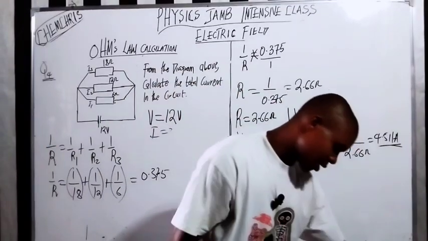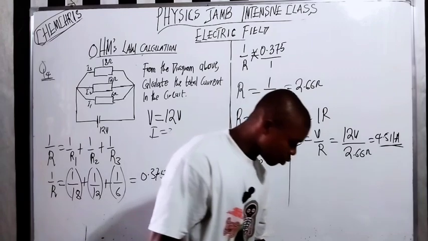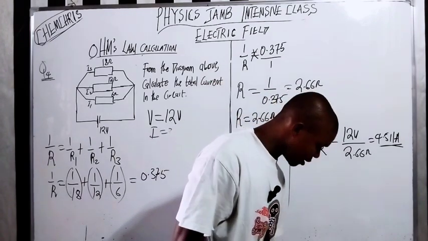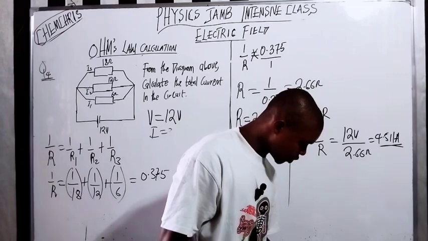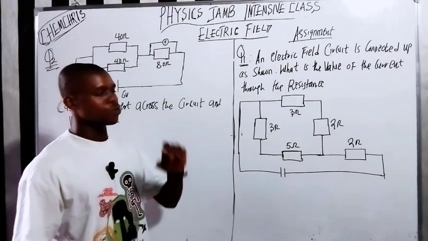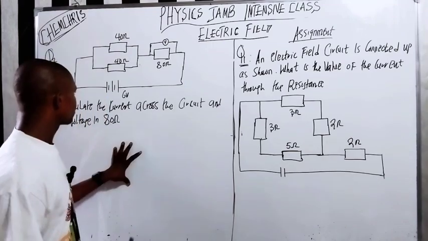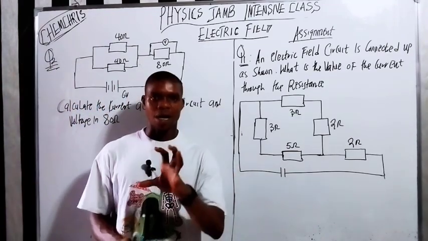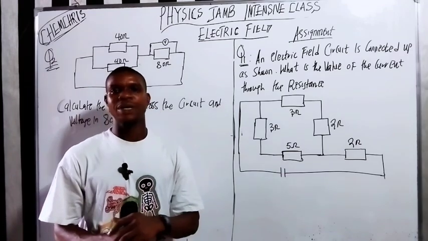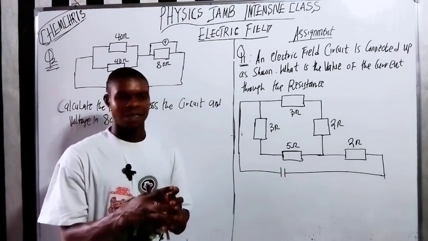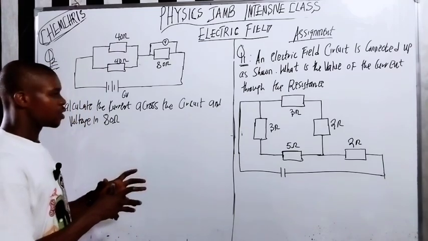So let me give you some questions you are going to solve by yourself before we end this class. Here we have two assignments I'm giving to you for you to try. Now, this one is going to tax your brain, so I want you to come out of your comfort zone. I want you to research and try to solve this problem.